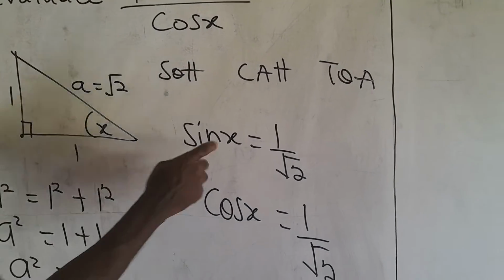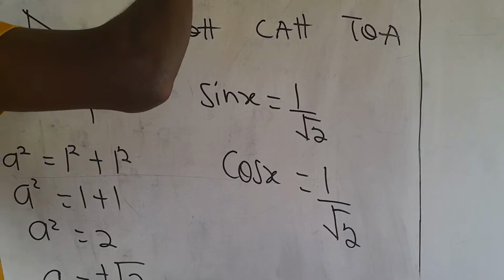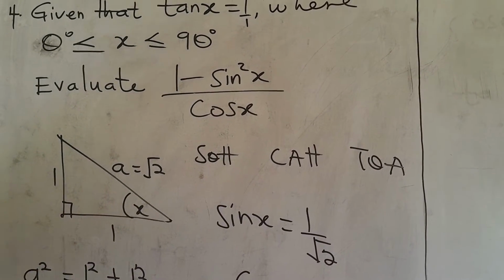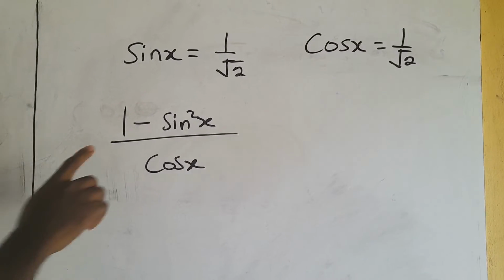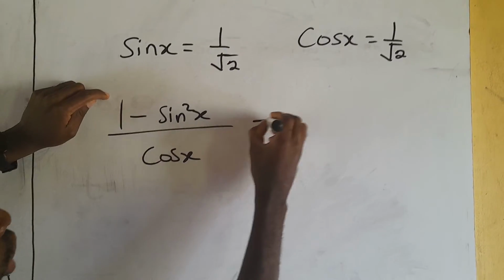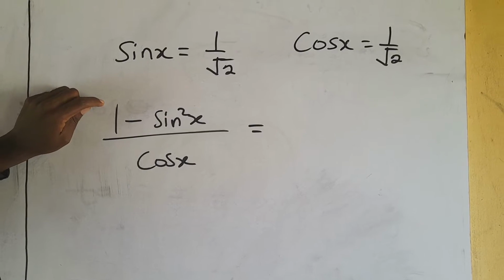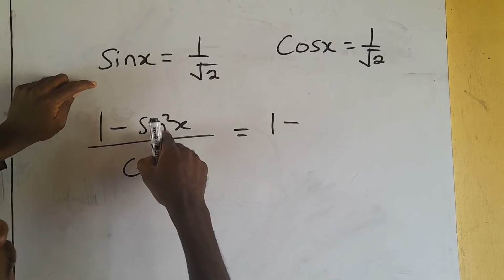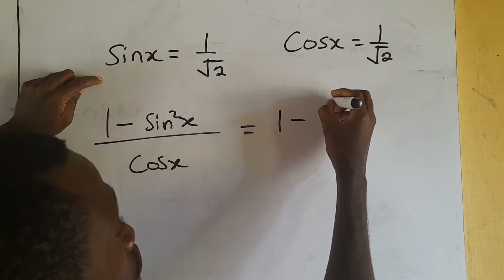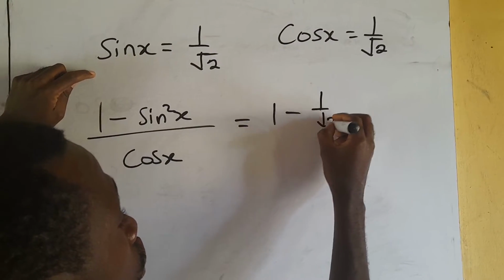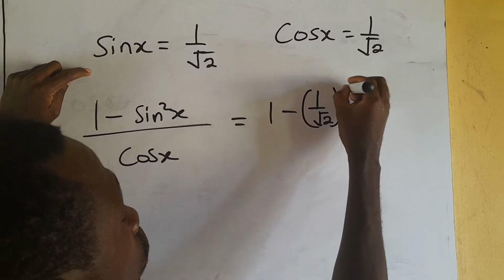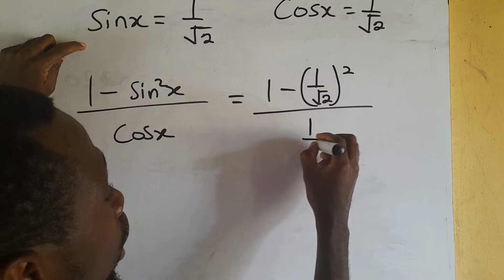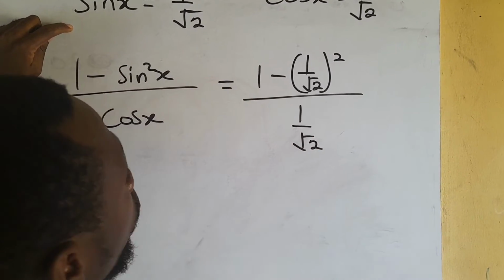So since we know our sin x and cos x, we just substitute into this expression to evaluate it. So 1 minus sine squared x over cos x will just be equal to 1 minus, what's our sin x? Sin x is 1 over root 2. So 1 over root 2 squared, over cos x, which is 1 over root 2.